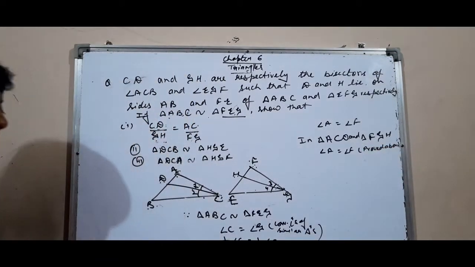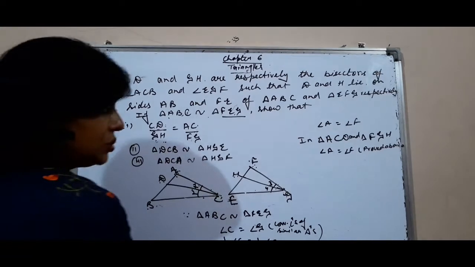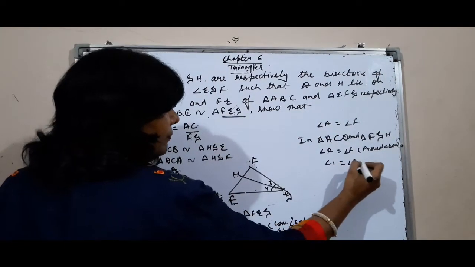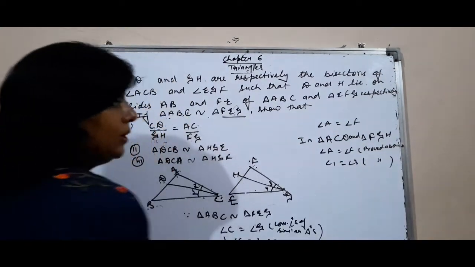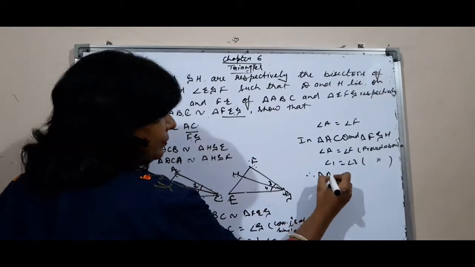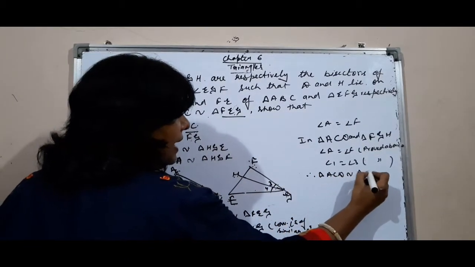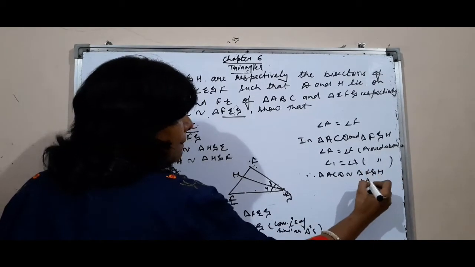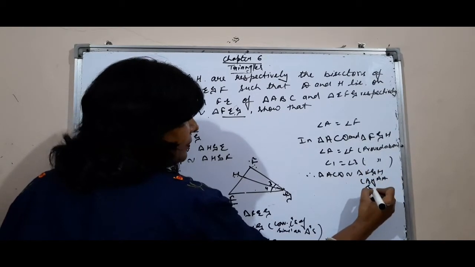And moreover you are having angle 1 equals to angle 3, it is also proved above. Therefore triangle ACD is similar to triangle FGH by AA similarity.